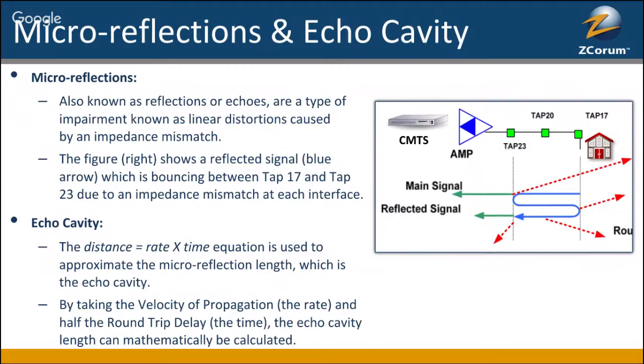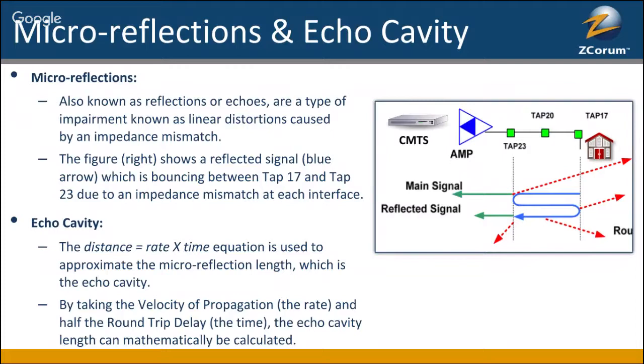What happens is the majority of the main signal continues forward to the head end, but some subset of the original signal bounces back. This bounce back is traveling back towards the origin, which is the cable modem. And in this example, once it hits the port on tap 17, it finds another impedance mismatch.